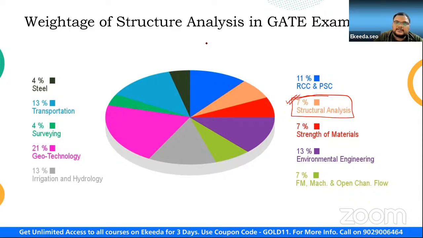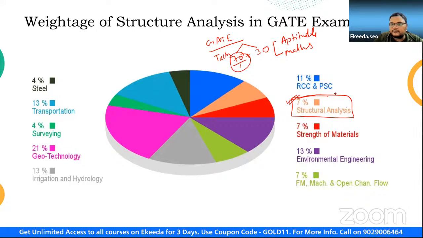You all know that the GATE examination is basically of 70 plus 30 marks. 70 marks is of technical paper, right? And 30 marks is of aptitude and maths, right guys? Now 7% of 70 is 4.9. So let us say that somewhere around 6 to 8 marks are asked in the GATE examination.